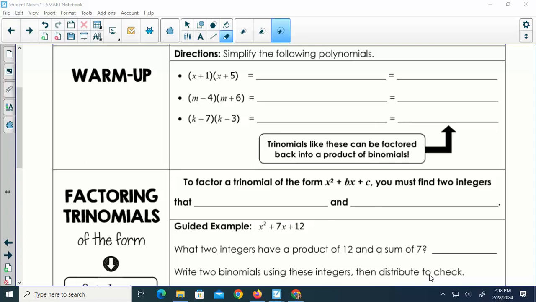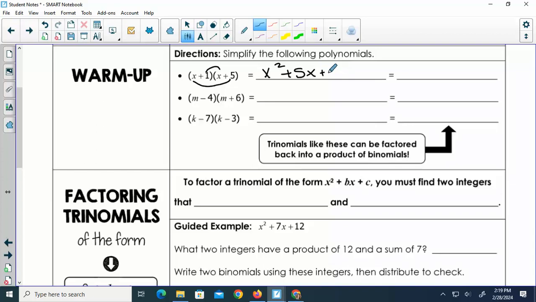When you take x times x, what do you get? X squared. Okay, x times 5. 1 times x.